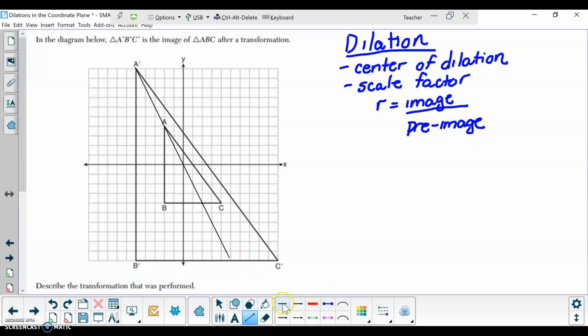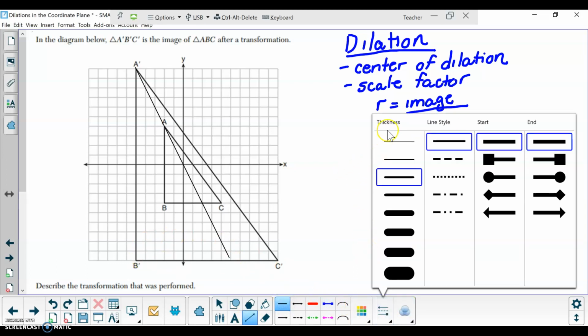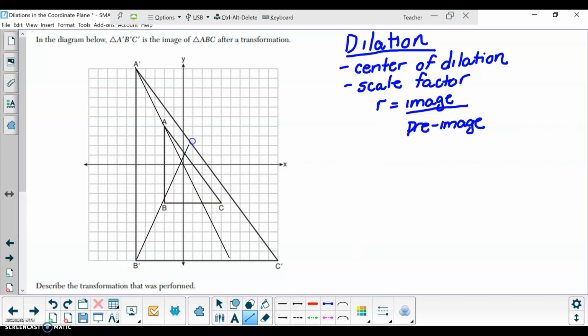Do the same thing with B to B prime, and C to C prime.